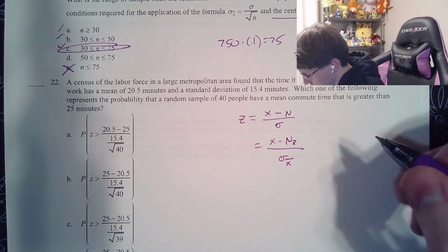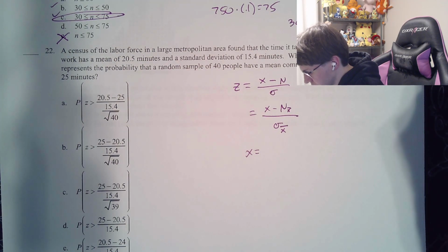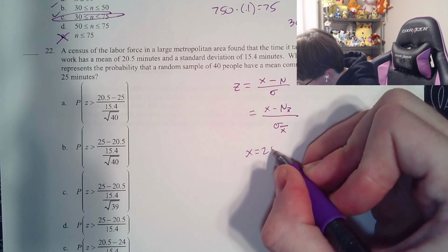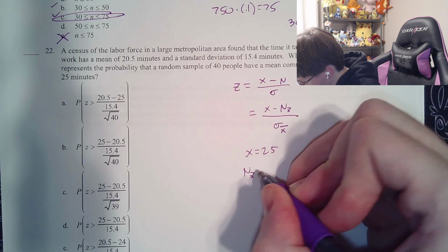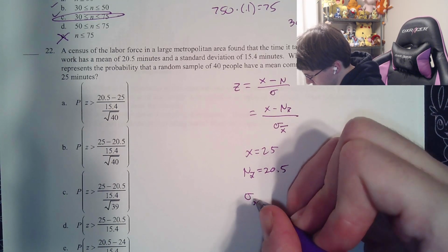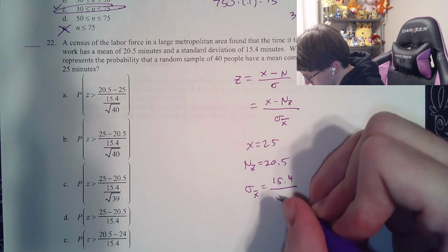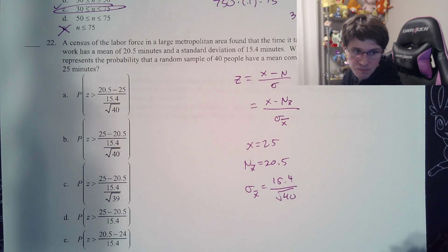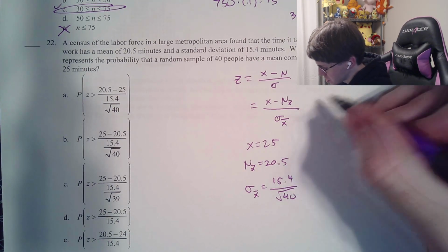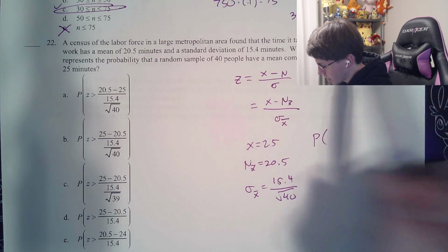So in this problem, the x value is going to be equal to 25, the 25 that we're wondering about. Our average of the sampling distribution is going to be 20.5, and our standard deviation of the sampling distribution is going to be 15.4 divided by the square root of 40. So which one is it? Well, let's go ahead and set this up. We're doing the probability greater than.